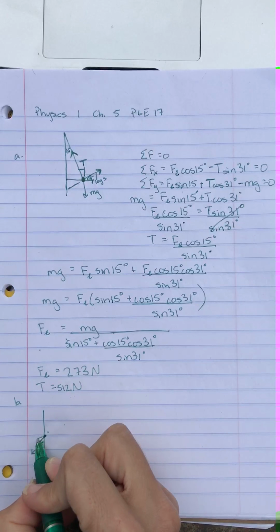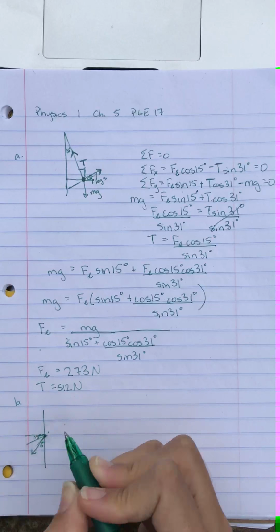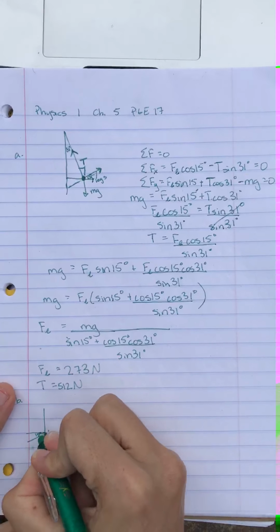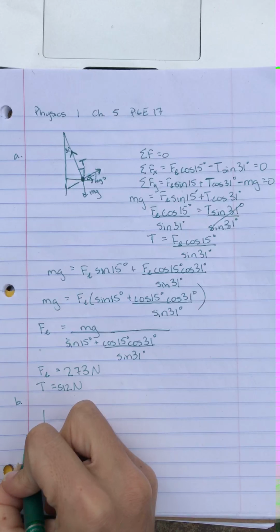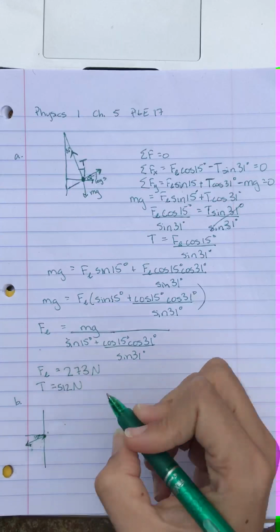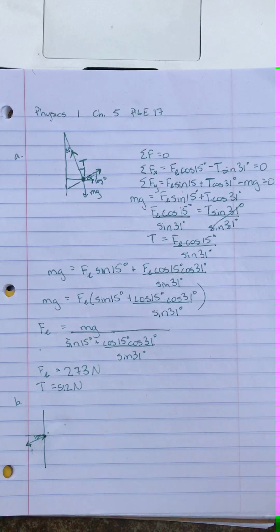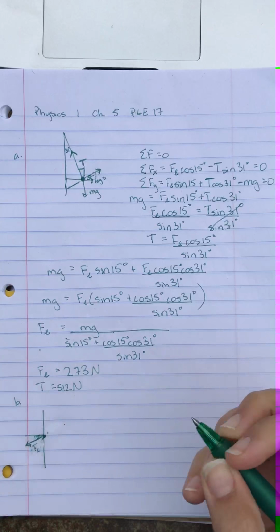No. This is what I was trying to draw. 15 degrees here. Sorry. Much smaller angle. So she's pushing on this point at an angle of 15 degrees with a force of 273 newtons. So this is the force of the legs.